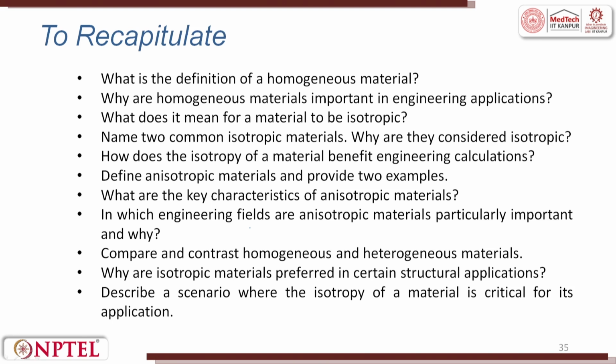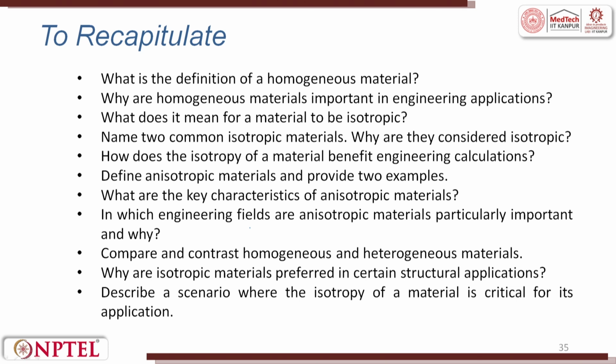So, to recap, in this lecture we saw the definition of a homogeneous material, why homogeneous materials are important in engineering application, what it means for a material to be isotropic, two isotropic materials we discussed, why they are considered isotropic, and how isotropy of the material benefits engineering calculation.